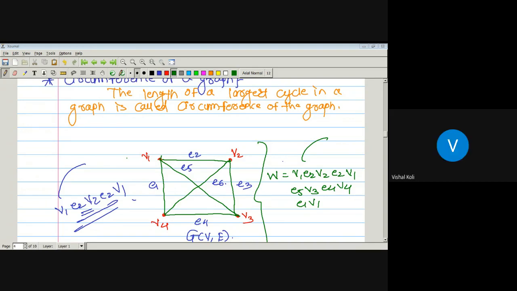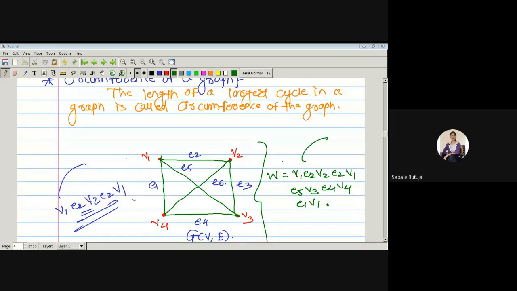Yes, sir. What about cycle? What is a cycle? A closed walk in which no vertex is repeated. Is it a cycle or not?